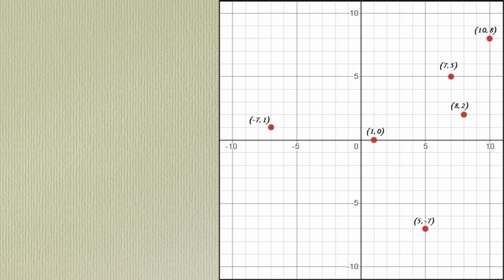Those are all my x values or my inputs. Now the range is going to be the set that contains my outputs or my y values. So I would have -7, 0, 1, 2, 5, and 8.